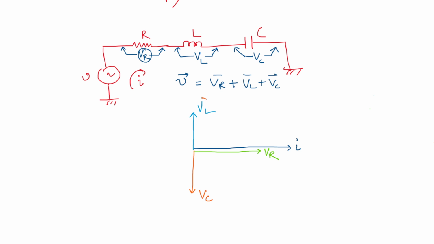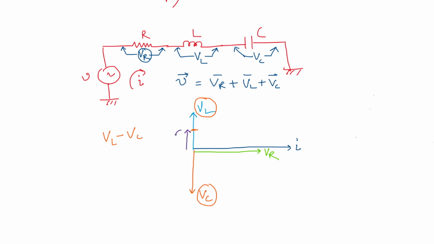Now we can find that VL and VC are directly in opposition to each other. So we take a term called VL minus VC. Up to this we evaluate VL minus VC.